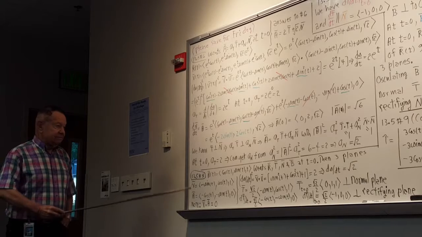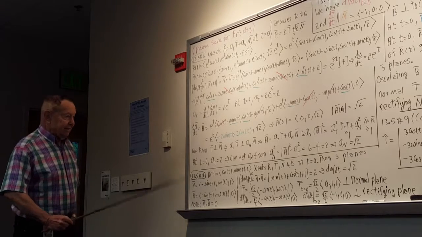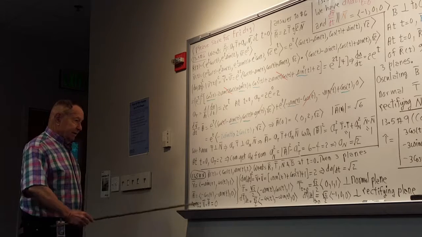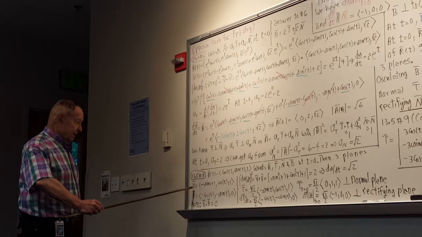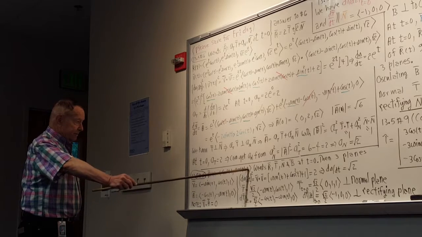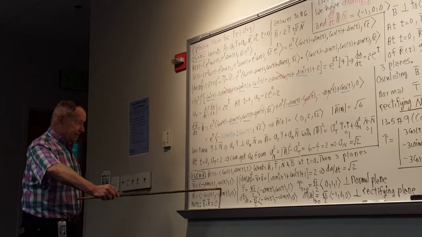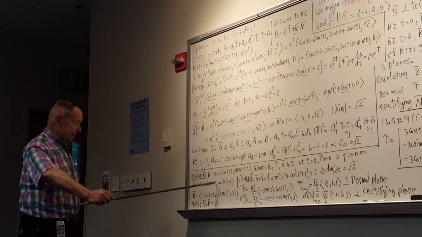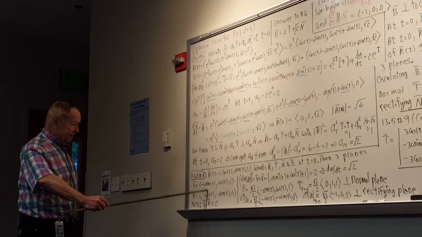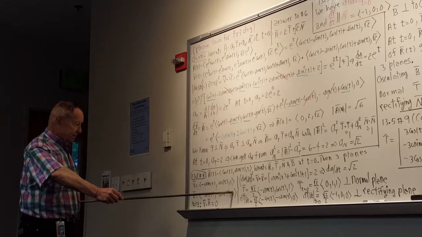So you can think of your velocity from here as your derivative: cosine to minus sine, sine to cosine, t to 1. Acceleration: sine to cosine, cosine to minus sine, 1 to 0.